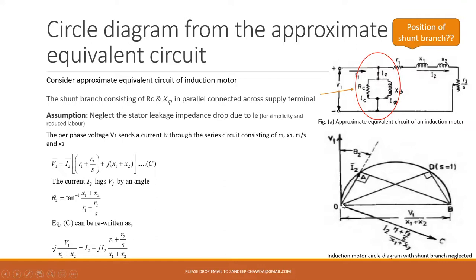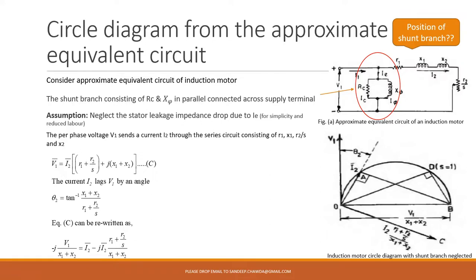So V1 is taken as a reference, and from there at 90 degrees you can draw V1 divided by x1 plus x2. Basically you have this component, and once I2 is drawn, from I2 at 90 degrees you can draw this component of current. So it is lagging by 90 degrees.